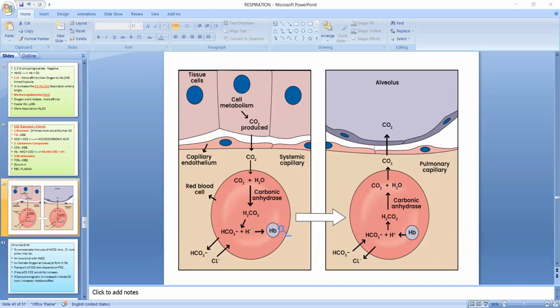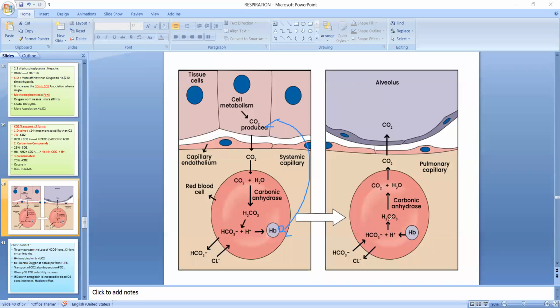HbO2 is combined with H plus ion to form HHb, and O2 is released into the cells. Okay, this is at tissues, and here the HCO3 minus comes out of the RBC, enters into plasma, and Cl minus compensates this loss of HCO3 minus, that is called chloride shift.